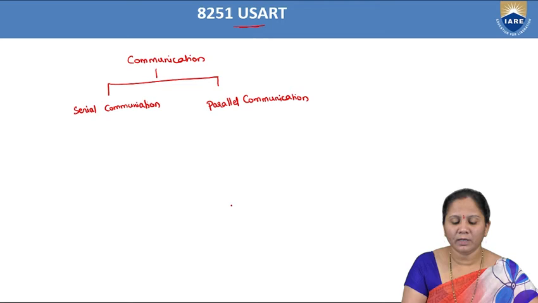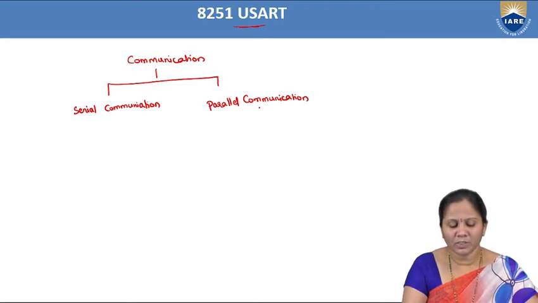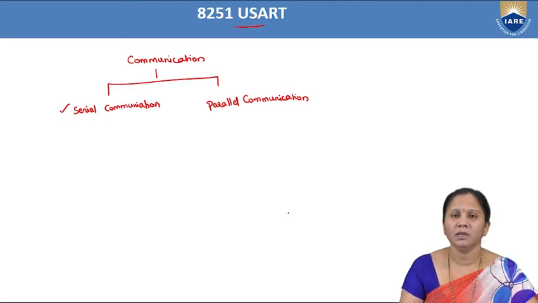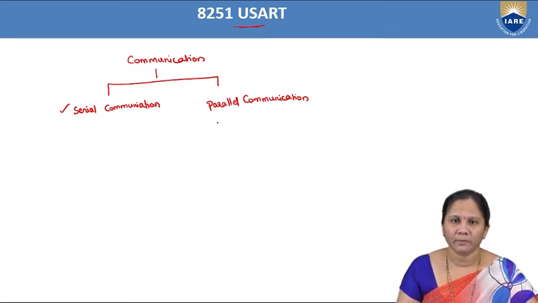Basically, serial communication is preferred. Why? Because serial communication supports long distance communication, whereas parallel communication supports only short distance communication. That is why, out of these two types, serial communication is preferred.